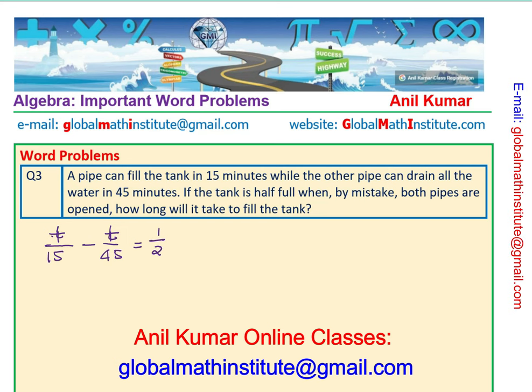So during time t, one will fill t over 15, the other will drain out t over 45, but we want half of it filled, right? So half will remain. So you have to solve this particular equation.